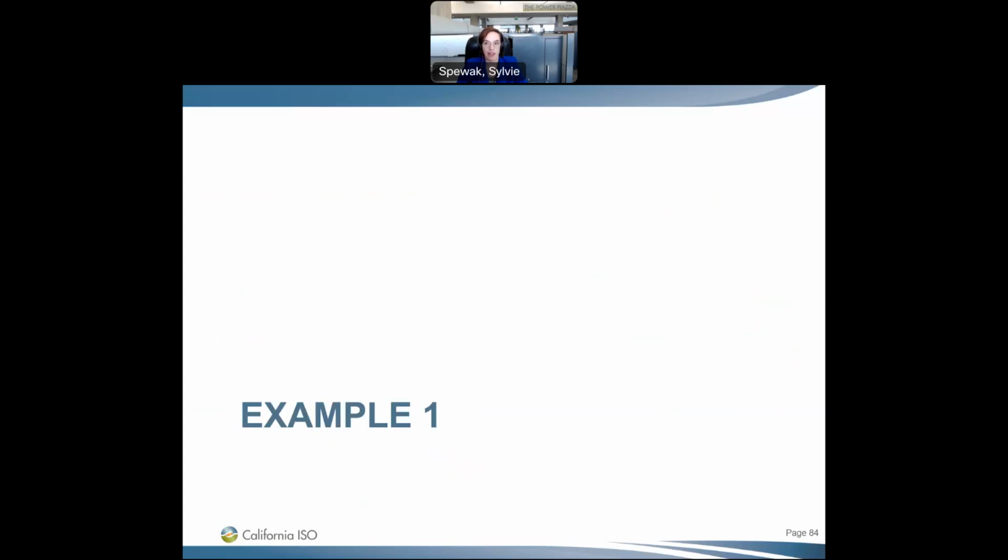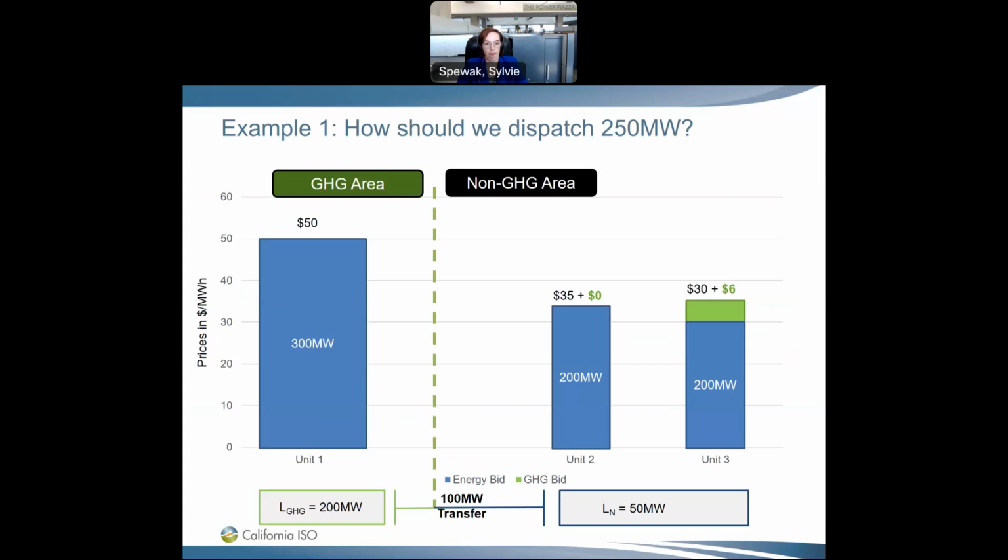So let's go ahead and jump into example 1. And this starts on page 90 of the BPMs. So here are the 3 resources that we're considering for dispatch.